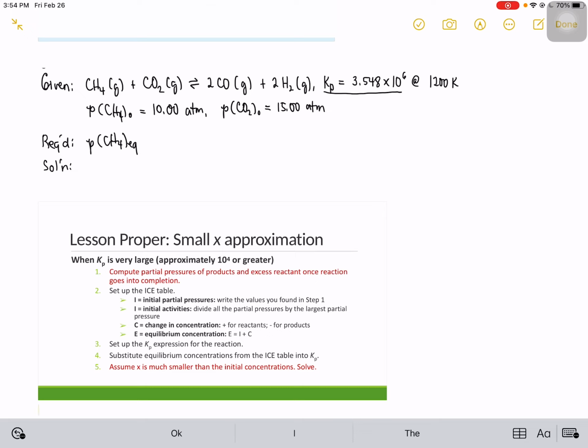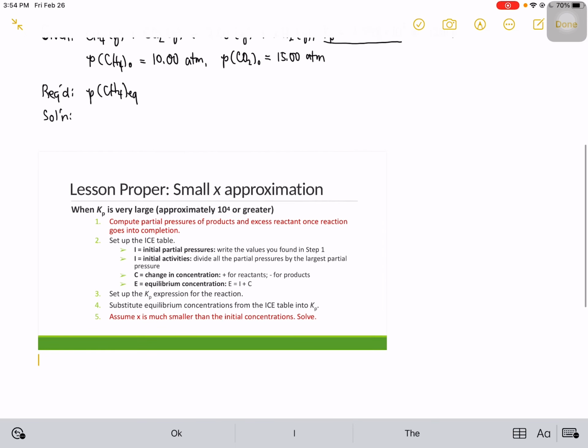The first thing we need to do is to compute the partial pressure of our carbon monoxide product and the hydrogen along with the excess reactant, assuming that this particular reaction has gone into completion.